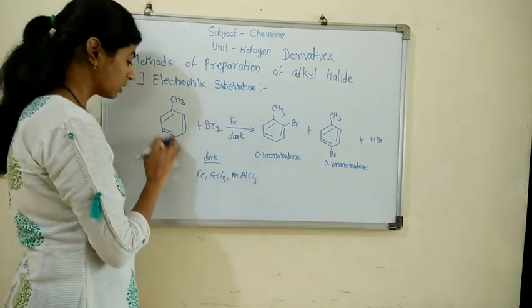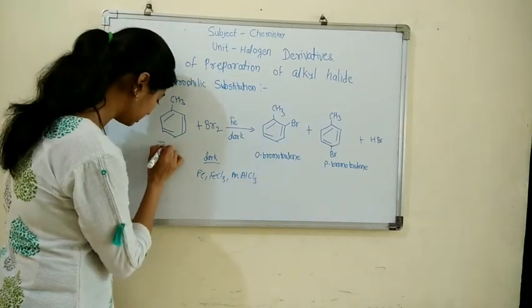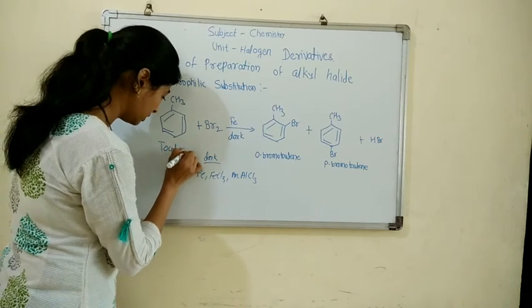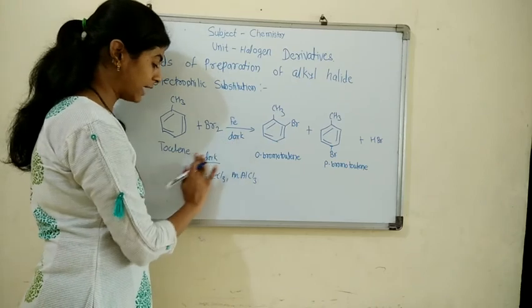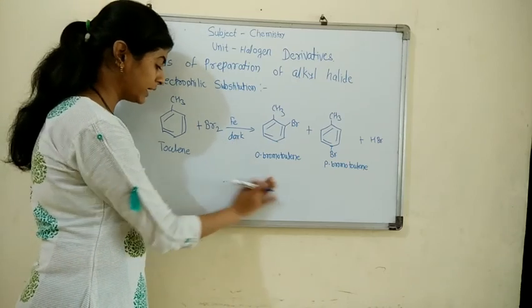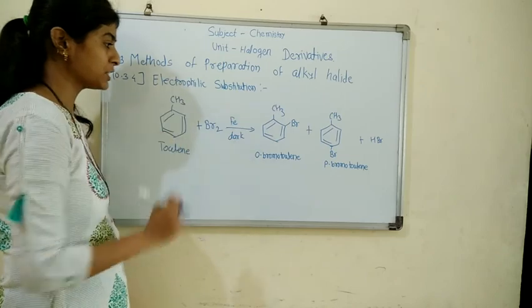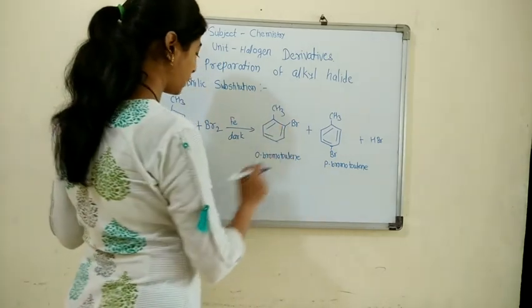In this case, toluene is brominated in presence of Fe in the dark at ordinary temperature. We get electrophilic substitution, that is ortho and para products.